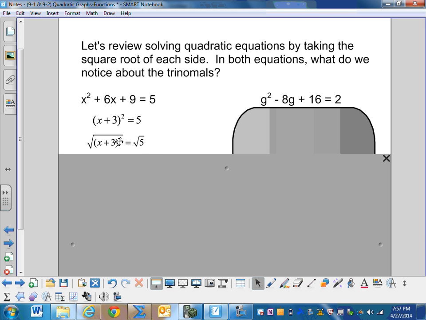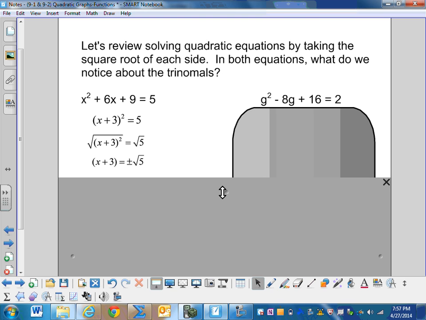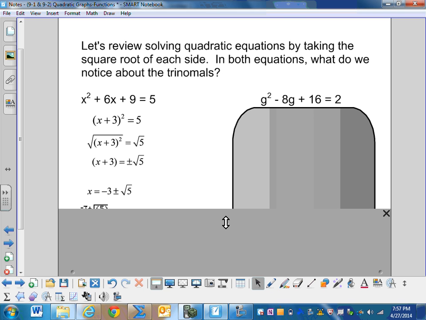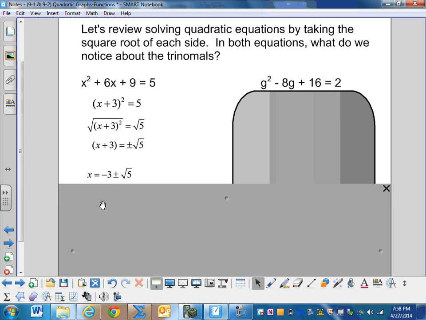The square root of x plus 3 squared is equal to the square root of 5. The square root of x plus 3 squared is just x plus 3. And the square root of 5 is going to be equal to plus or minus the square root of 5. I'm going to then subtract 3 from both sides, and my solution is negative 3 plus or minus the square root of 5.